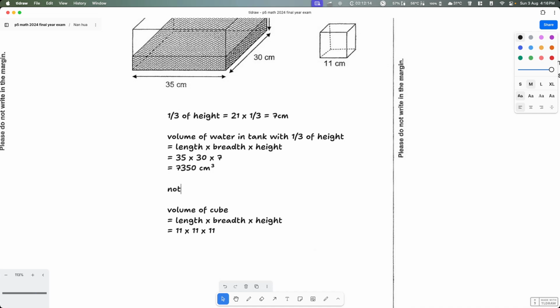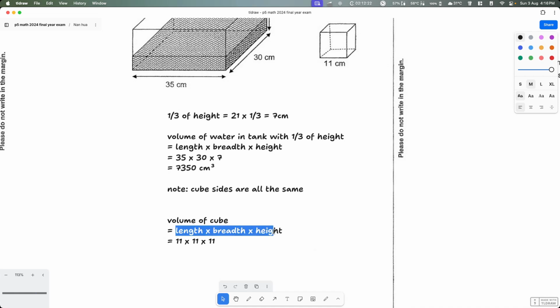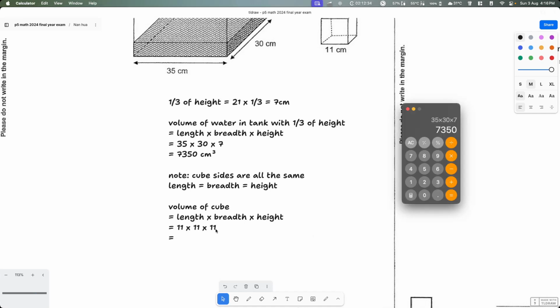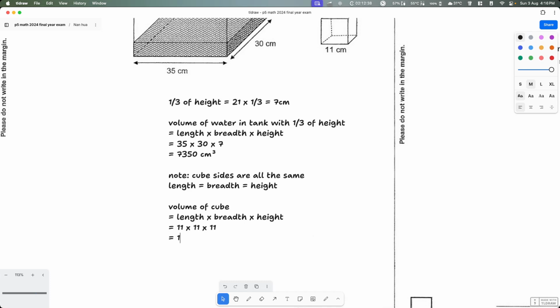So just put a note here. Note, cube sides are all the same. That means length equals breadth equals height. So from here we can ask the calculator, 11 multiplied by 11 multiplied by 11. 1331, 1331.